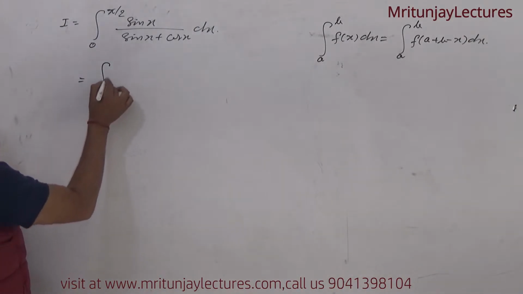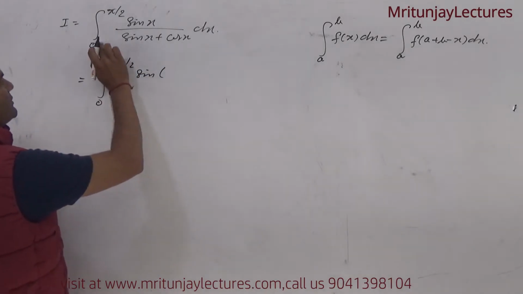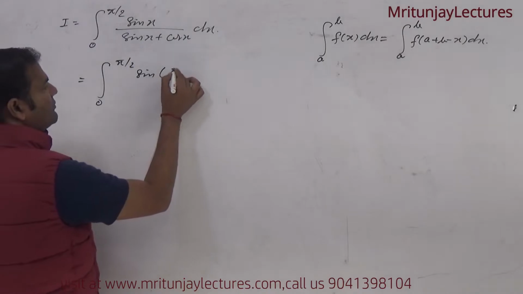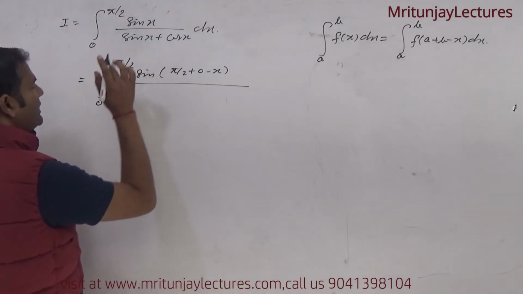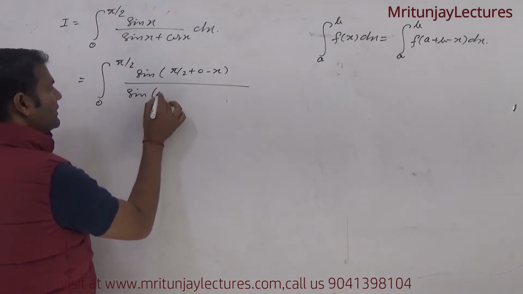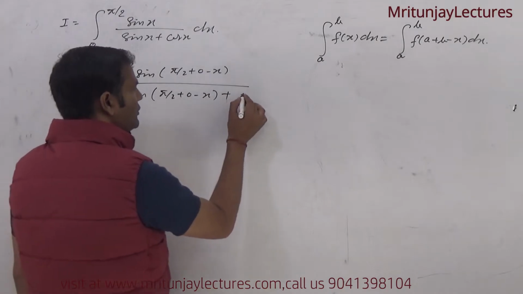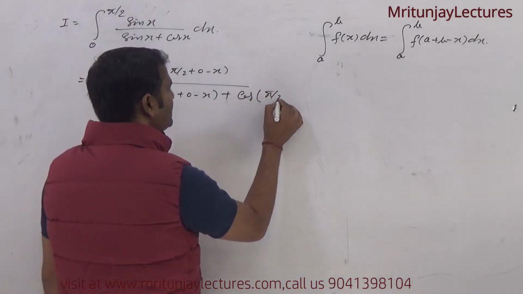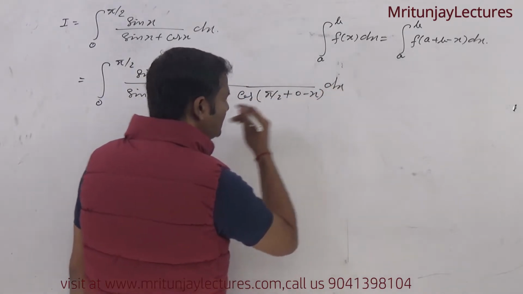Now apply this property: integral from 0 to pi by 2 of sine of (pi by 2 plus 0 minus x) divided by sine of (pi by 2 plus 0 minus x) plus cos of (pi by 2 plus 0 minus x) dx.